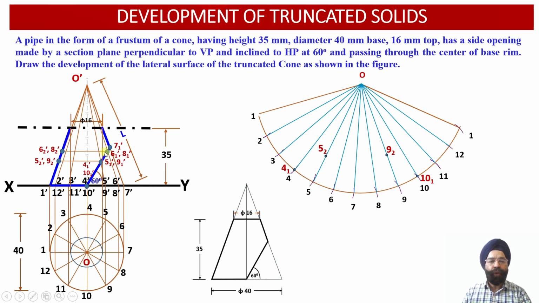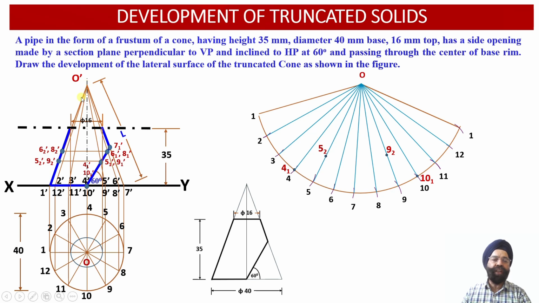Now from points 6-1 dash and 8-1 dash, again a horizontal projector line has been drawn onto the true length of the slant generator O-1 dash over here. This way, this apparent length radii has been transformed into true length radii. And how much will be the distance of the true length radii?